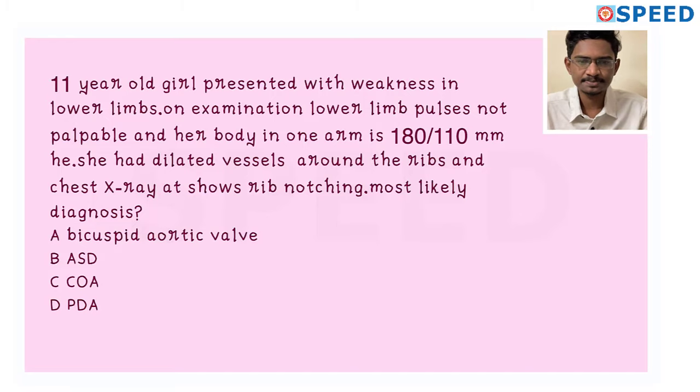So how to decide this? They have obviously shown lower limb pulse is not palpable and upper limb BP is high, meaning some obstruction is there past the upper limb vessel origins, leading to decreased perfusion in the lower limb and increased perfusion in the upper limb. Obviously, this is coarctation of aorta.